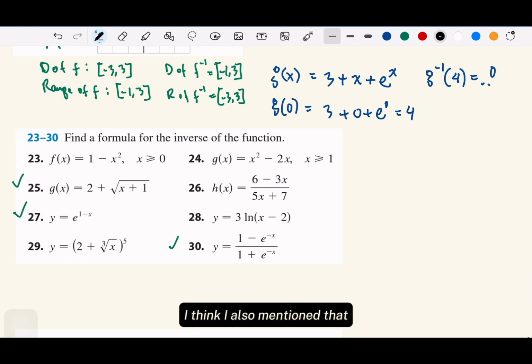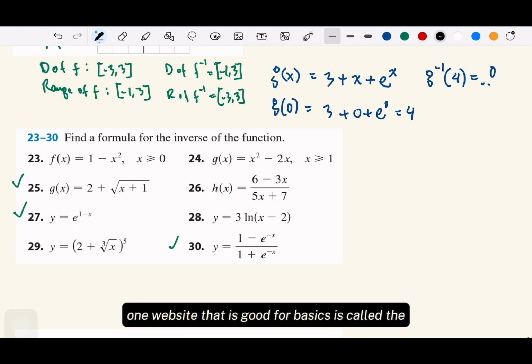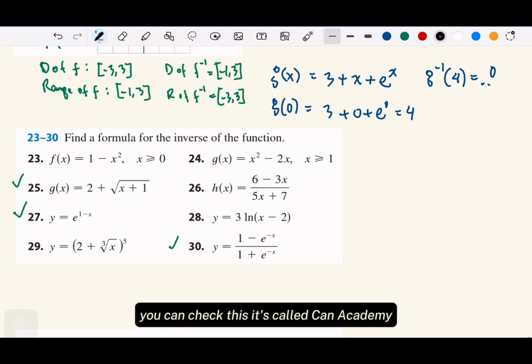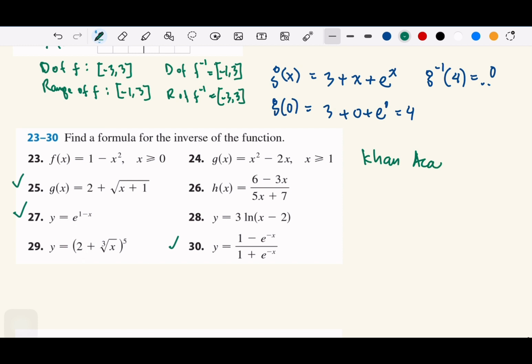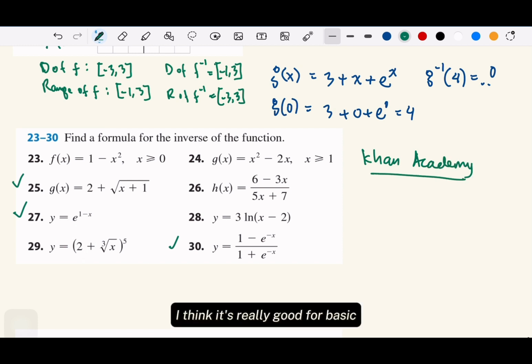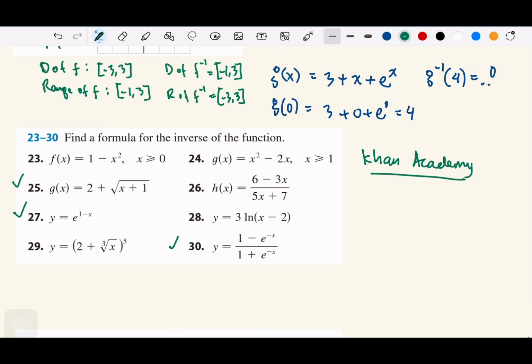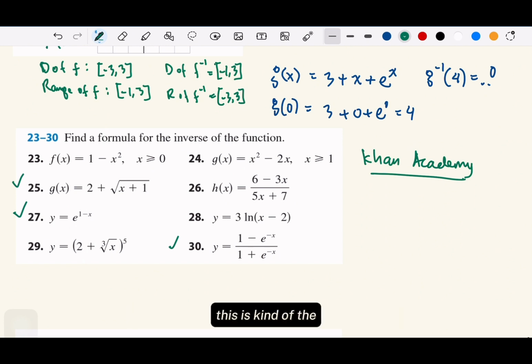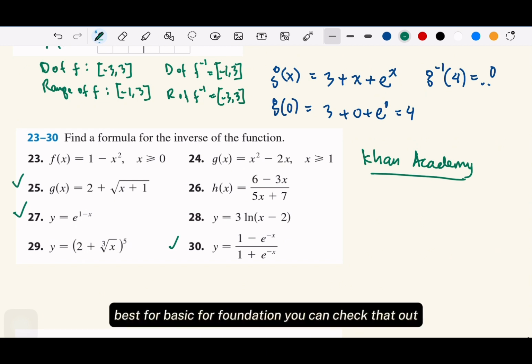I think I also mentioned one website that is good for basics, let me write here. You can check this. It's called Khan Academy. I think it's really good for basics. But of course, if you need more practice, you need to add more resources. This Khan Academy, I think it's best for basics, for foundation. You can check that out.